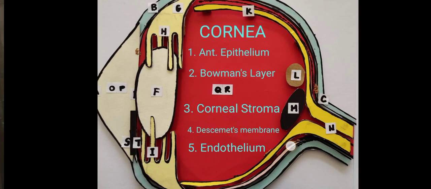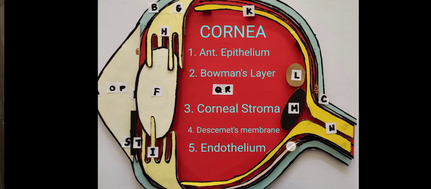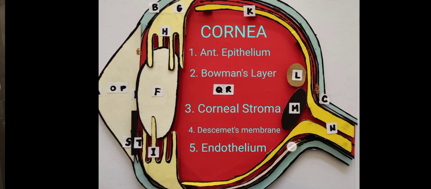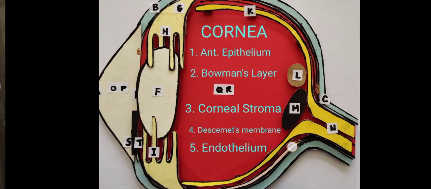The cells can regenerate very fast, mainly because this is the layer that is most exposed to the environment. Most of the time, foreign bodies go to the eye, and they can produce some micro scratches. Sometimes when you misuse your contact lenses, that's the layer of the cornea that is most affected.